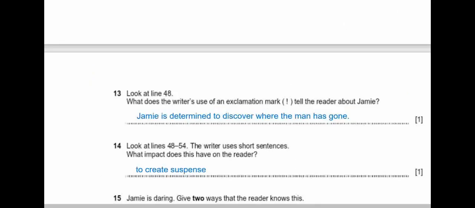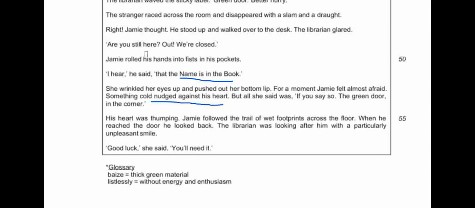Next, question 15. Jamie is daring. Give two ways the readers know this. Check the insert. So Jamie approached the librarian. So he has made a decision that he's going to see what is behind the green door. Right, and then he stood up and walked over to the desk and approached the librarian.